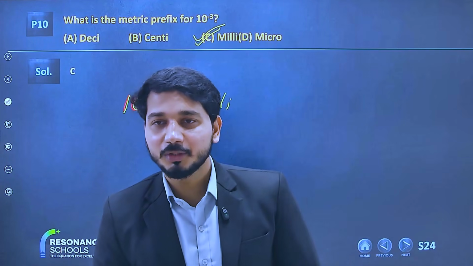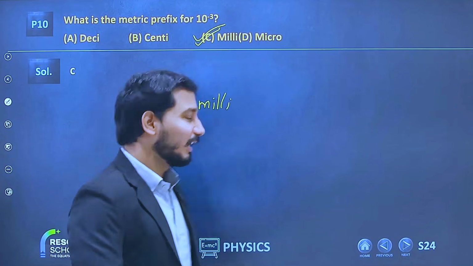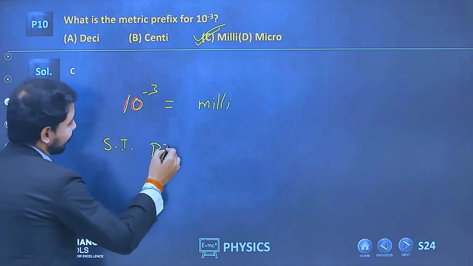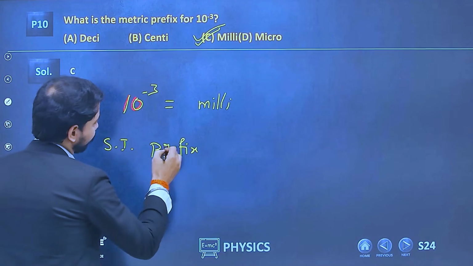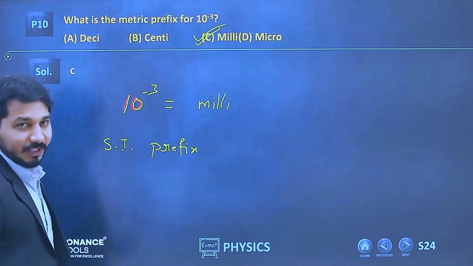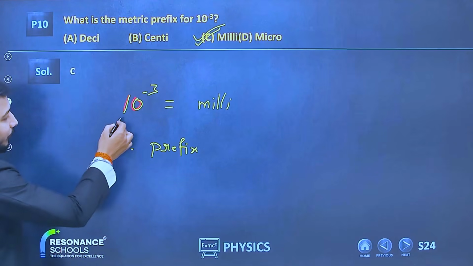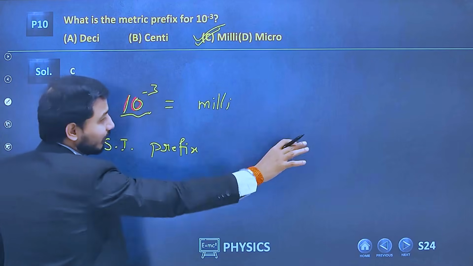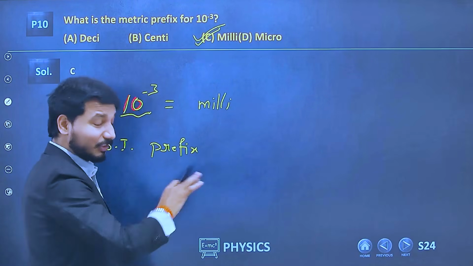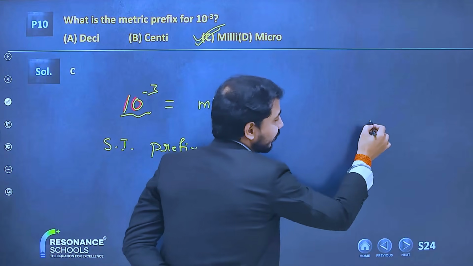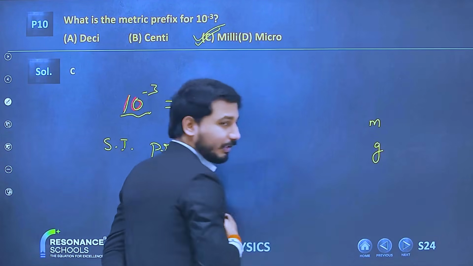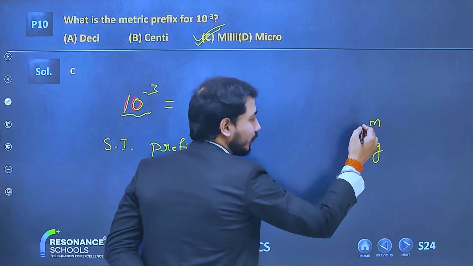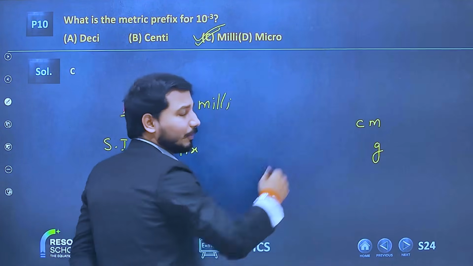Nandan is asking, sir, what do you mean by metric prefix? Metric prefix means the same as the SI prefix we studied. Metric is the term we are using, and prefix means any number which is added before the unit. For example, meter or gram. If before meter I add just one thing, that is c, it will become centimeter.